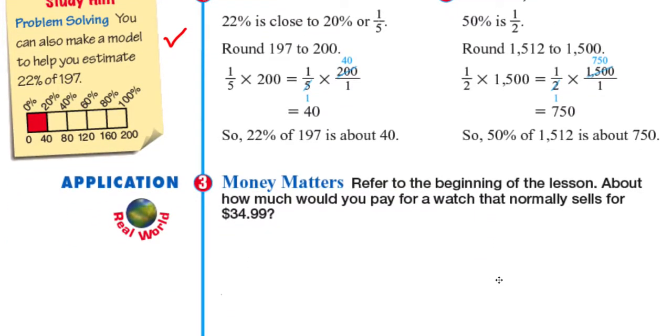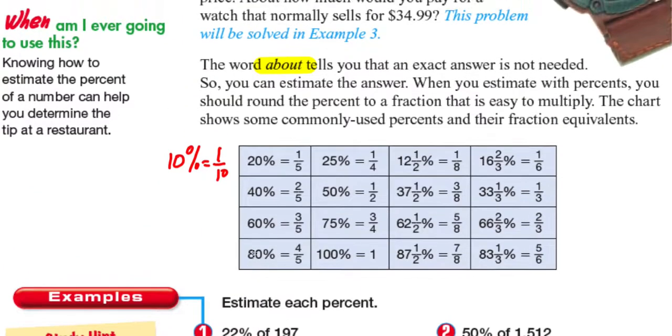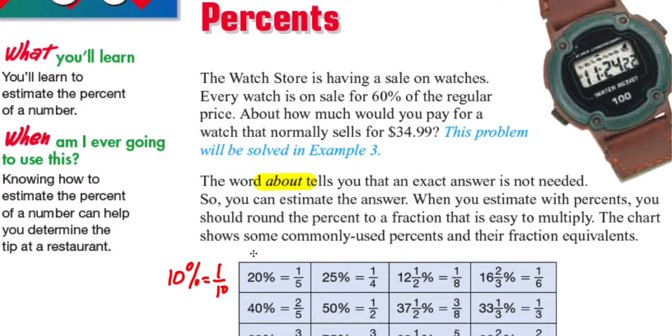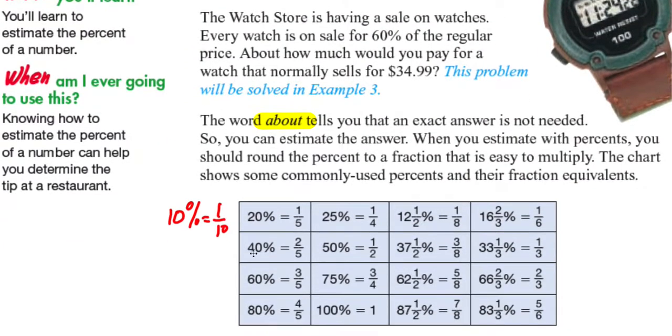Money matters. Refer to the beginning of the lesson: how much would you pay for a watch that normally sells for $34.99? Express 60% as a fraction, because every watch is on sale for 60%.